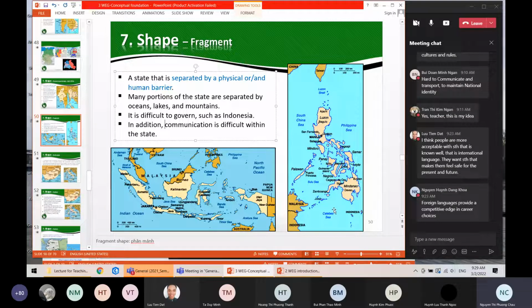And this can be an advantage for the economy. It supports tourism services well, because tourists around the world are very interested in local culture and local identity. Then the fragmented nation can develop tourism well.